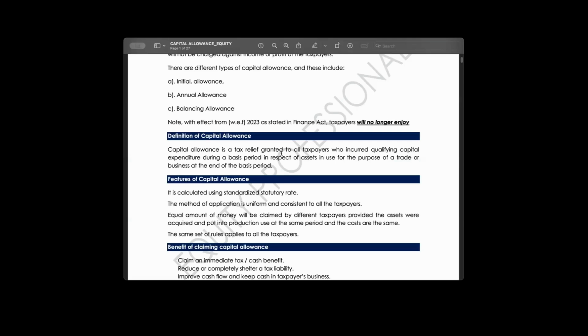So what we are trying to say here is that for capital allowance purposes, standardized rate is applicable. In your depreciation, there is nothing like standardized rates because the standard does not make it so for all the taxpayers, for all the users of financial statements. So they could decide to use any accounting method, any accounting rate, as the case may be.